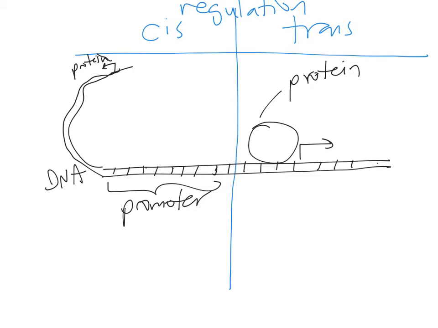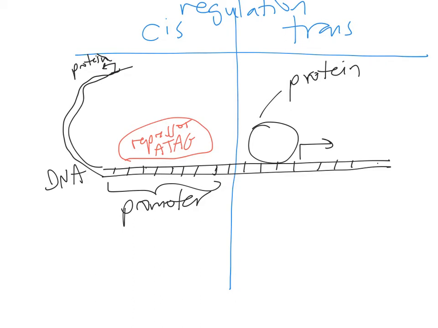If I mutate the promoter so that this protein, or any protein, doesn't recognize the sequence, let's say this is a repressor of the sequence ATAG. It'll bind to that 4-nucleotide sequence and it won't let go, like lac repressor.